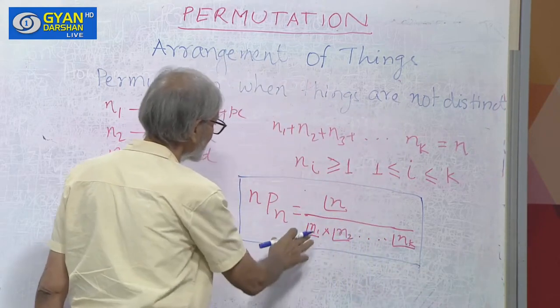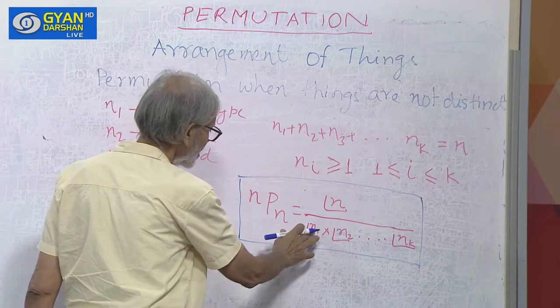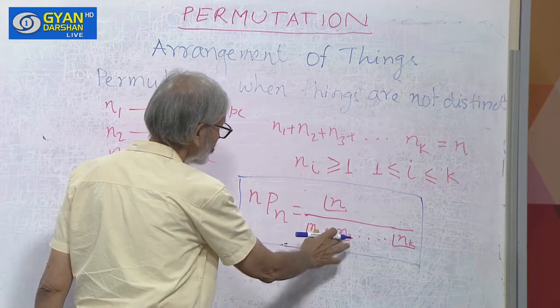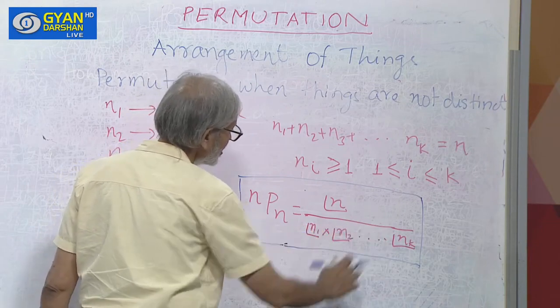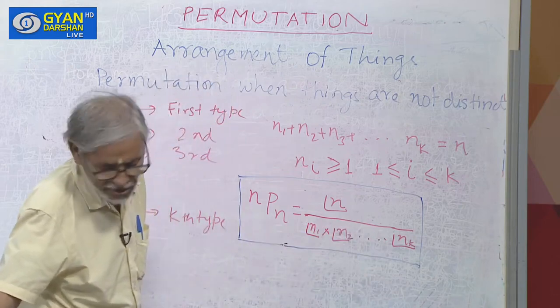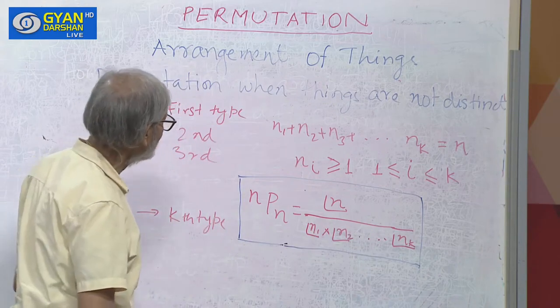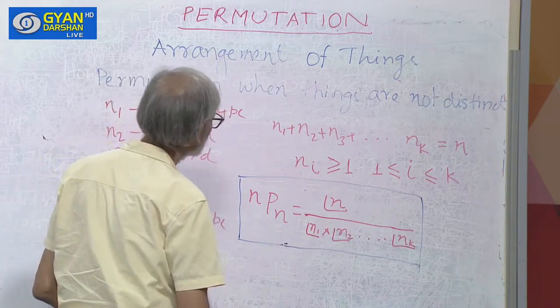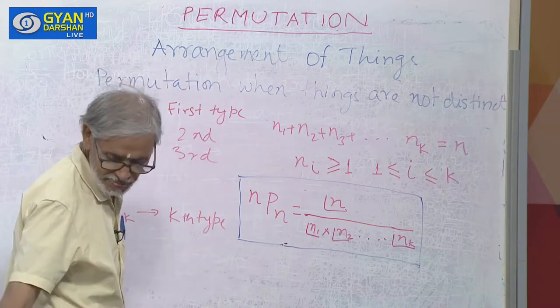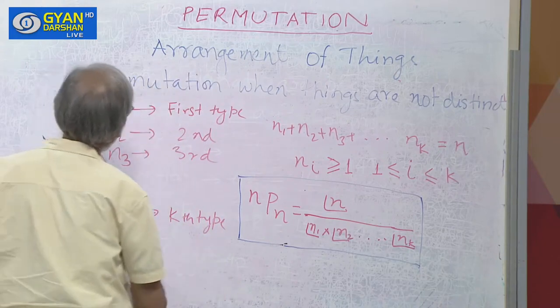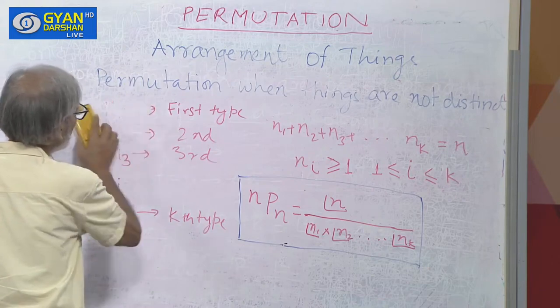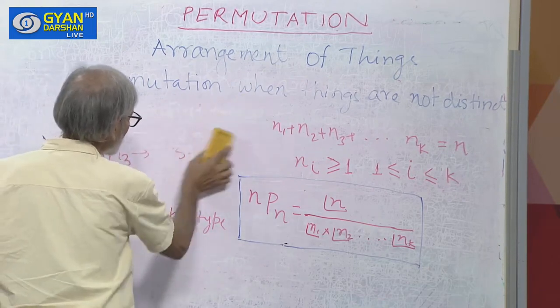Here n1 of one type, n2 are of another type, and similarly there are k types, nk. So, let us take an example.